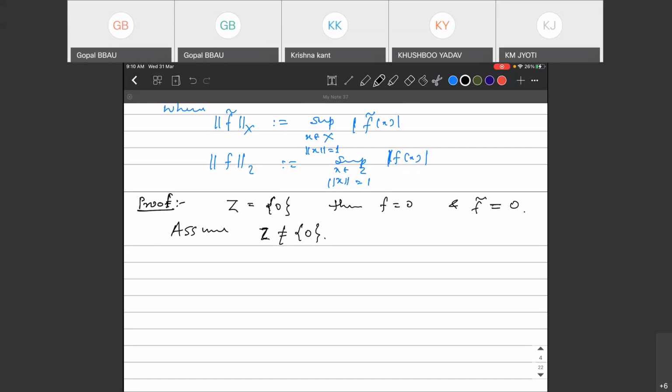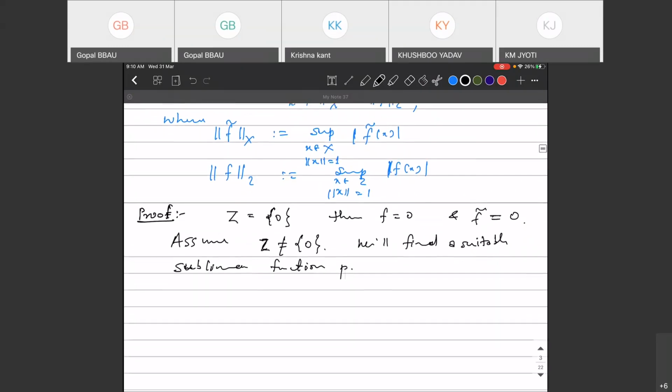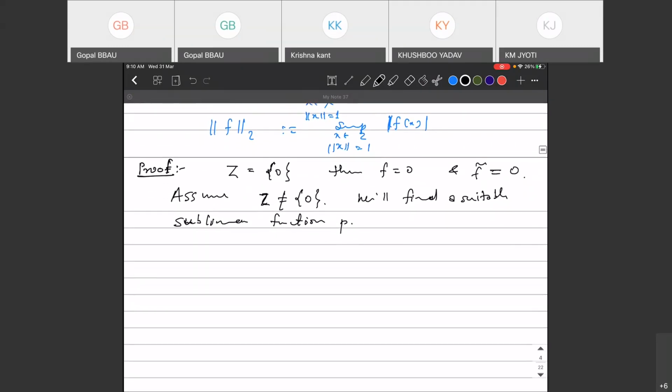So we will find a sublinear function p. You know we are using the norm of f, so you know the relation mod of f(x) is less than or equal to norm f times norm x, correct? You know this relation.